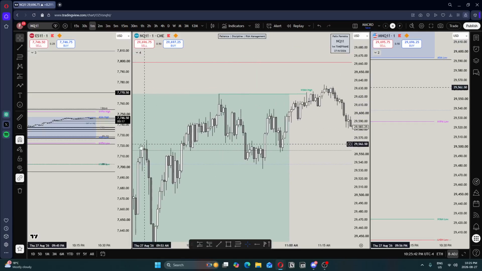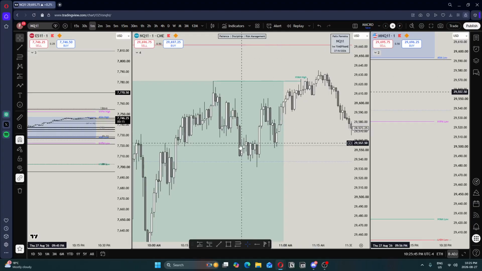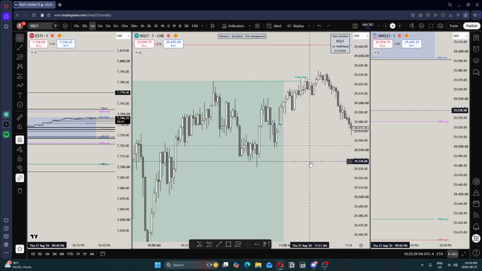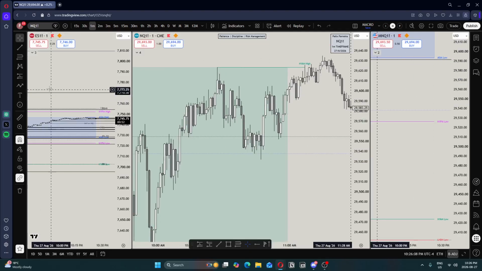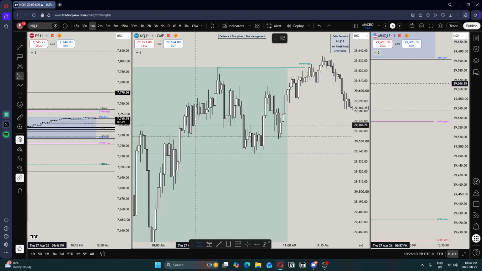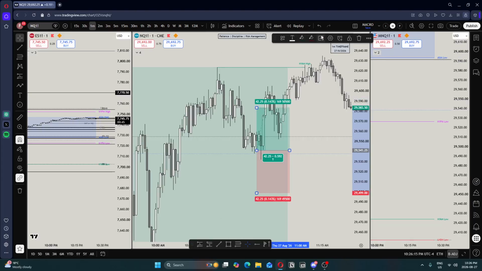Let's say at this point, again, this is just an example, but let's just say I have confidence based off of my model that if price comes back down and taps into true day open, which is this blue line here, I have confidence that if this level here gets tapped, price is going to flip and continue back higher. This means I could set a limit order right at this level here when price is up here.